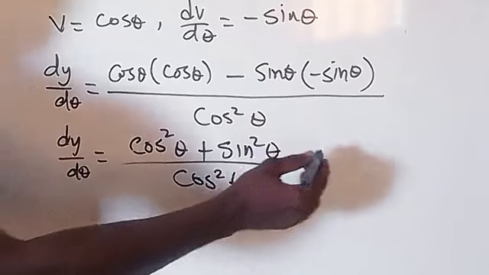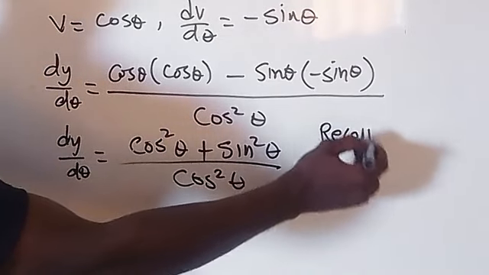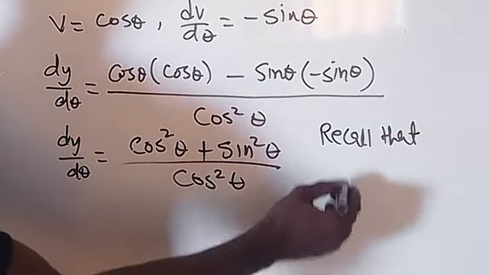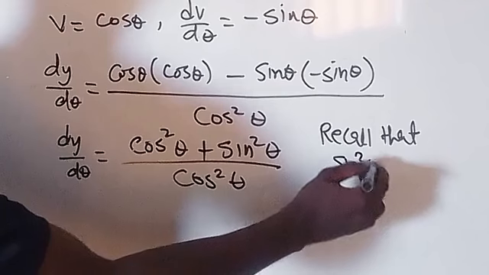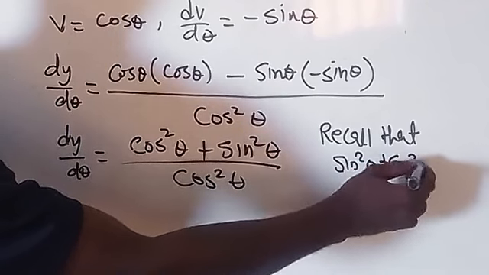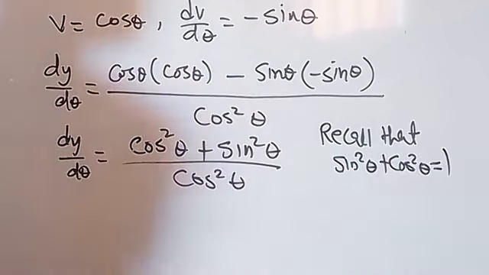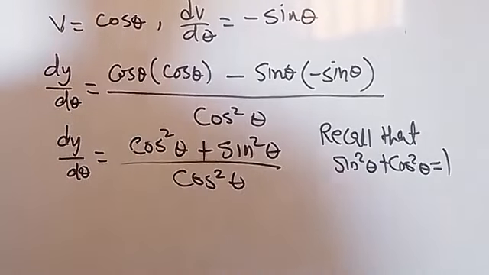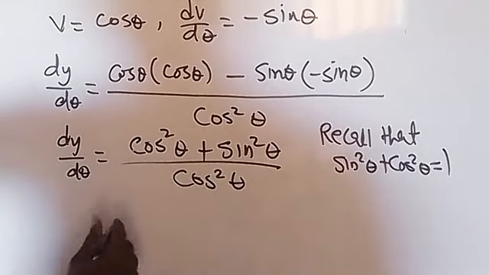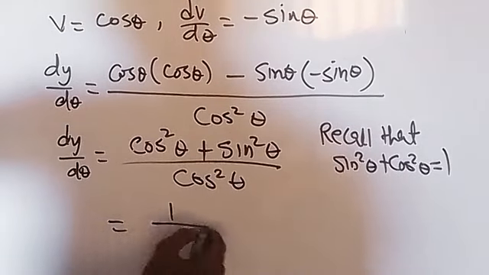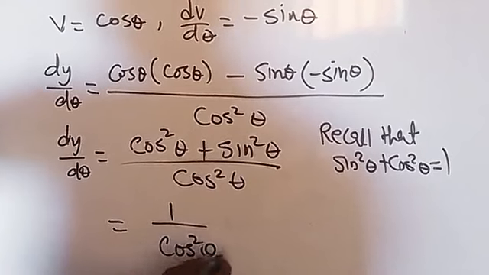You need to recall that sine squared theta plus cos squared theta is equal to 1. It's a trig identity. So the numerator is going to be 1 all over cos squared theta.